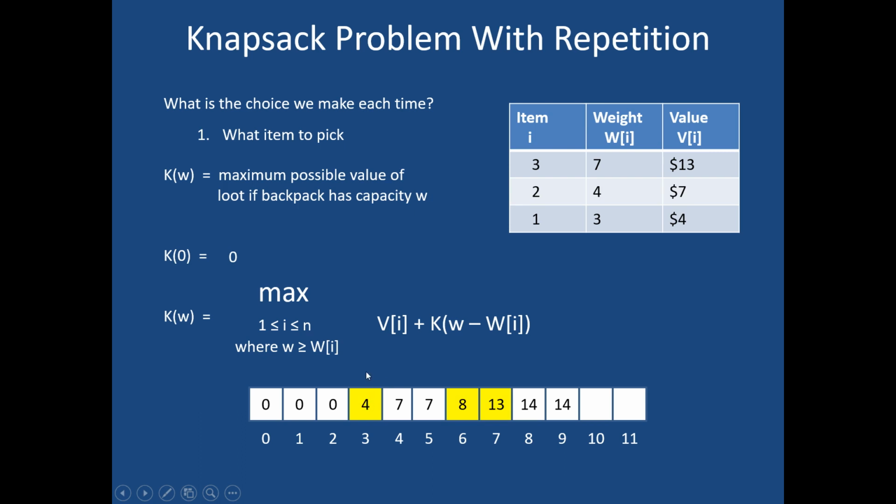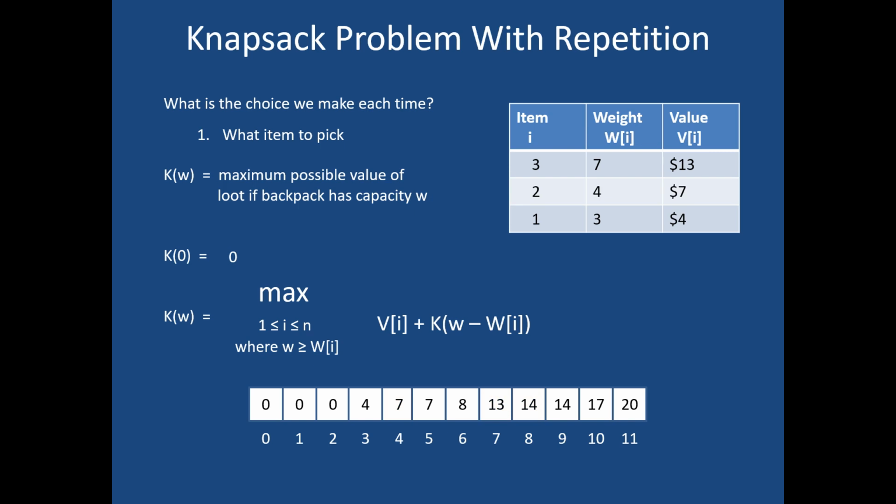This one is going to be 7 plus 4, this is 11. It's going to be 8 plus 7, which is 15, or 13 plus 4, which is 17. And finally, you end up with $20. So your best strategy will let you steal $20 worth of loot.